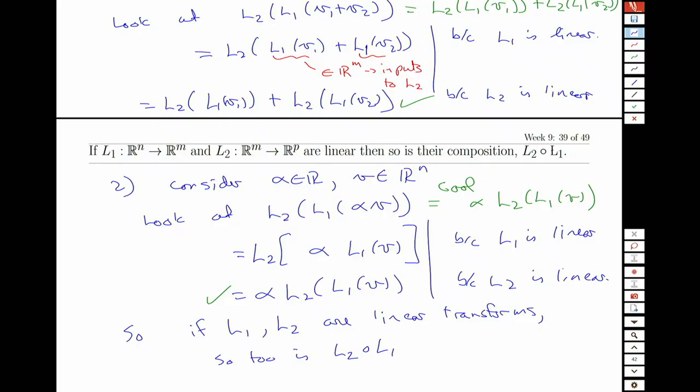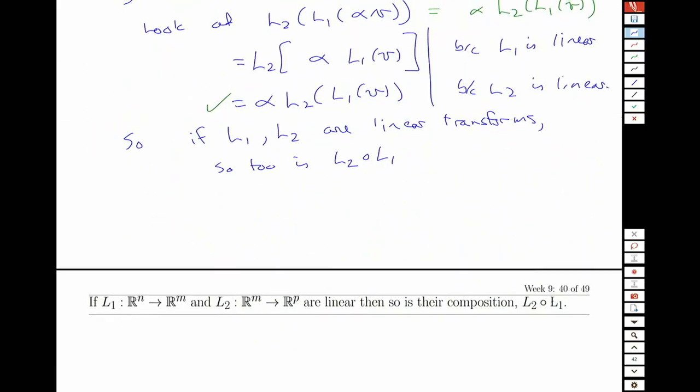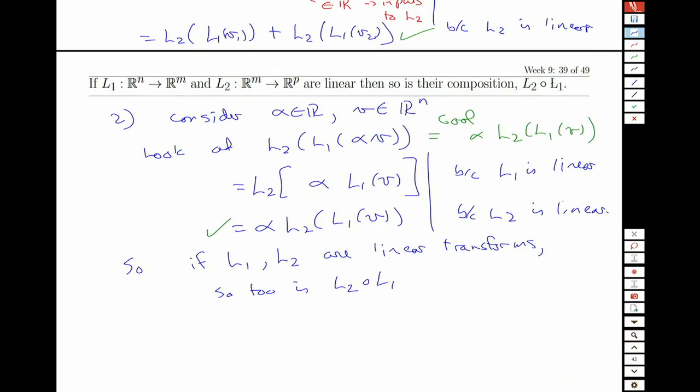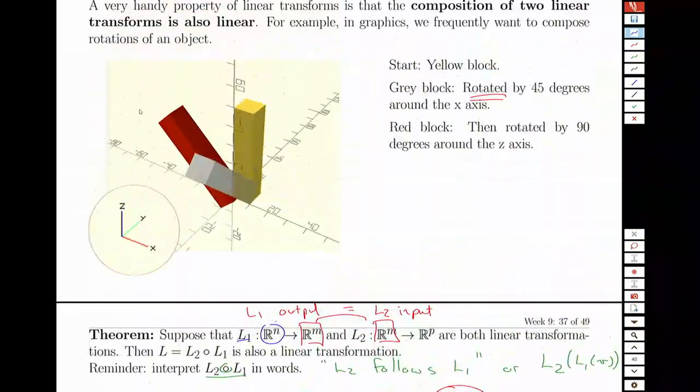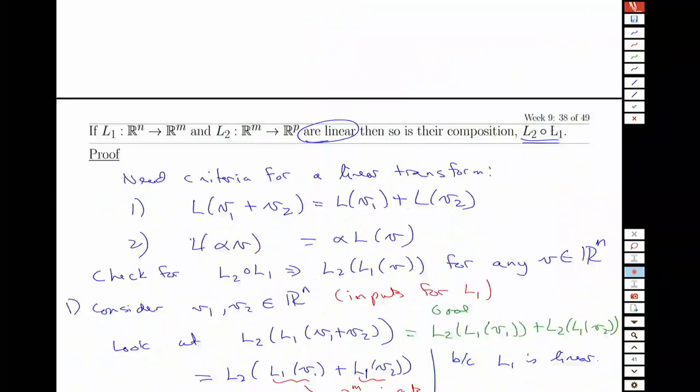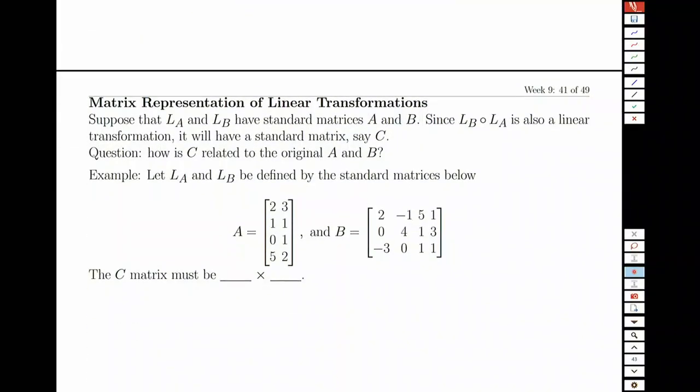And that gets us to where we want to go next with matrix multiplication. Because, just going back to that rotation example for a brief moment, if I could find a matrix that does this transformation and a matrix that does the rotation around the z-axis, I should be able to put those together because that's a combined transform, also linear. It should have a matrix version as well. And that is what we're going to get to.